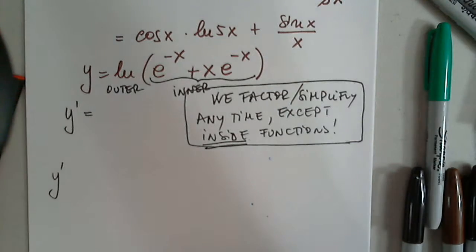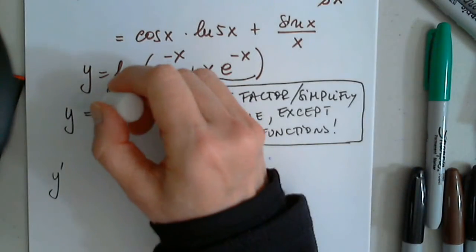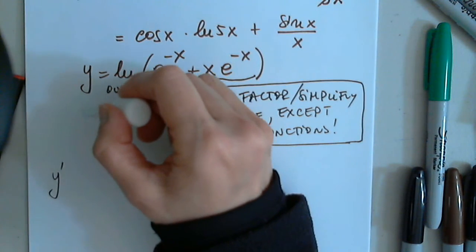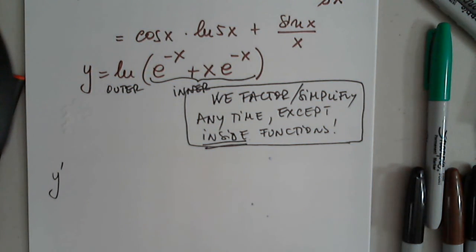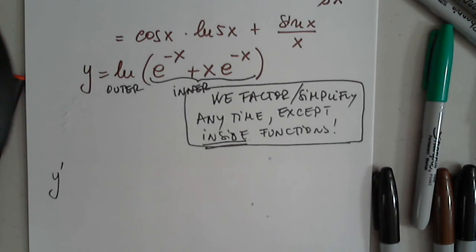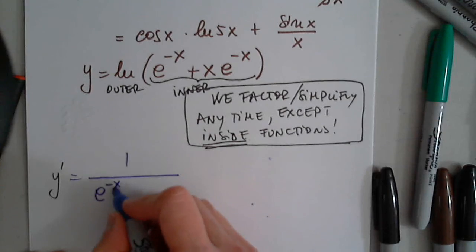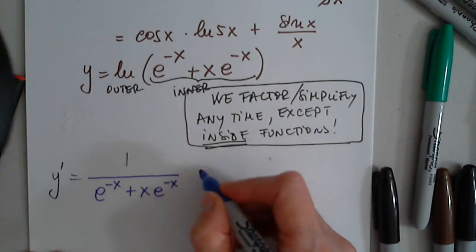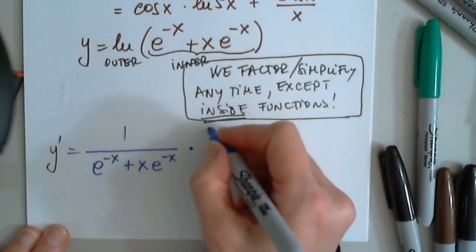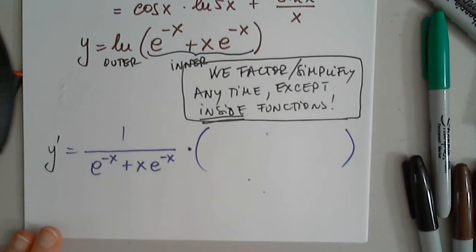So who can get us started on this? Trey, I haven't heard from you, please. It would be 1 over. Yes, of course. That's the starting point: 1 over e to negative x plus x e to negative x, times the inner.